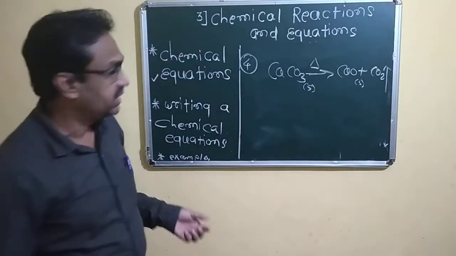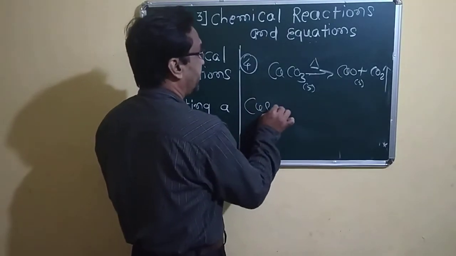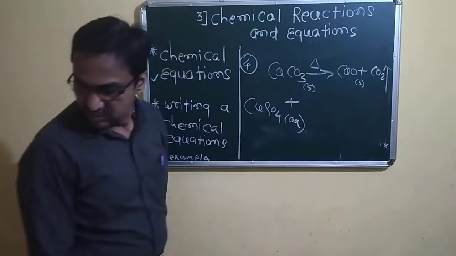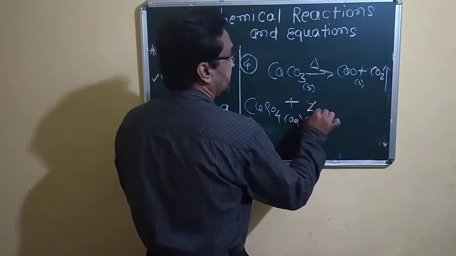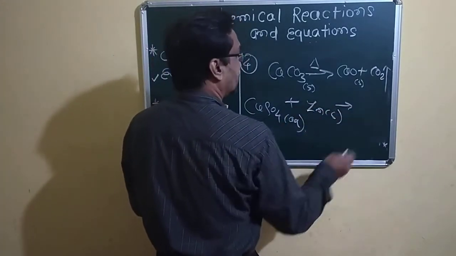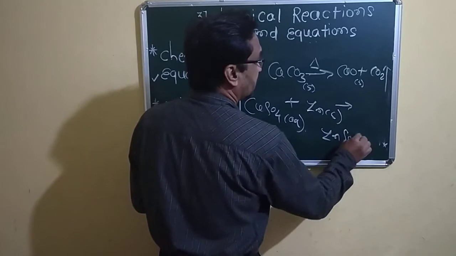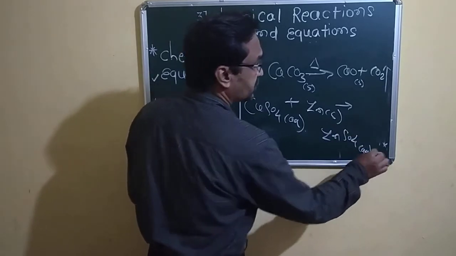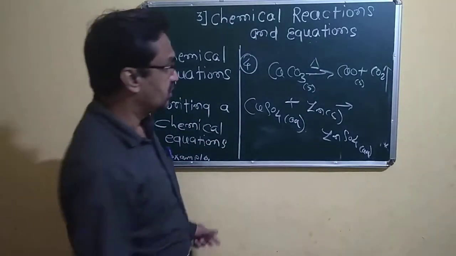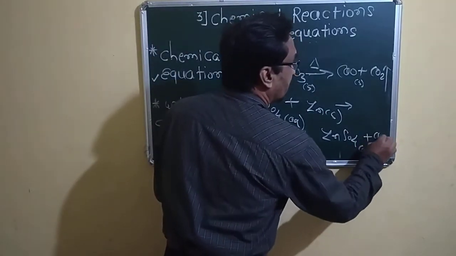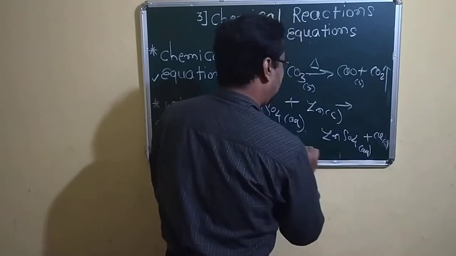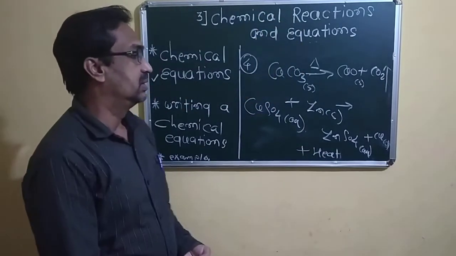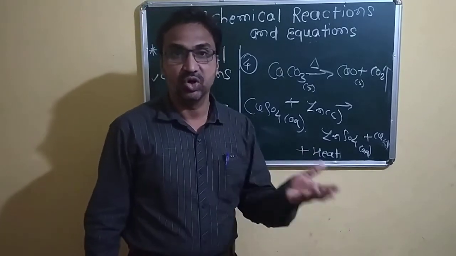Once again I will mention another example. First, copper sulfate aqueous solution and zinc. In this reaction we form ZnSO4, which is in aqueous solution, as well as copper in solid state, plus heat. Heat is evolved.